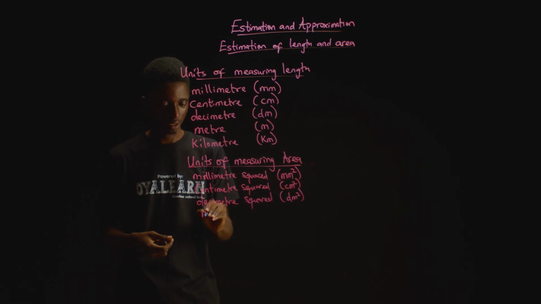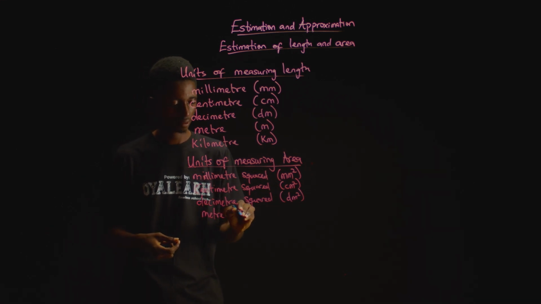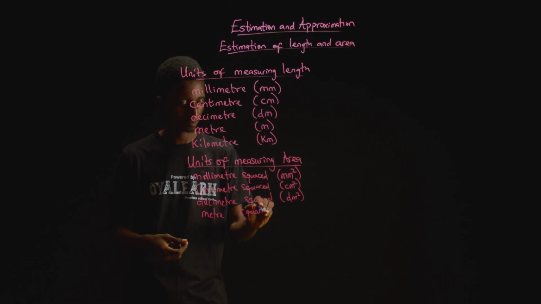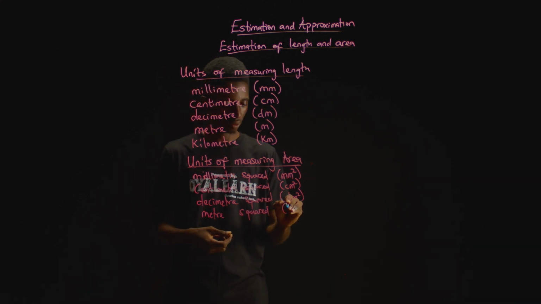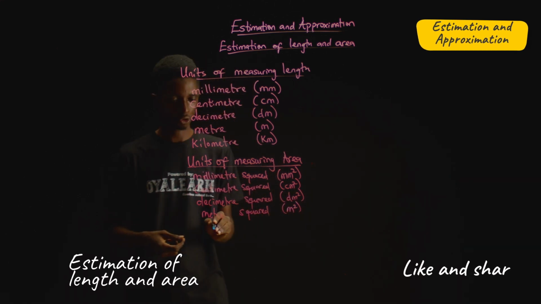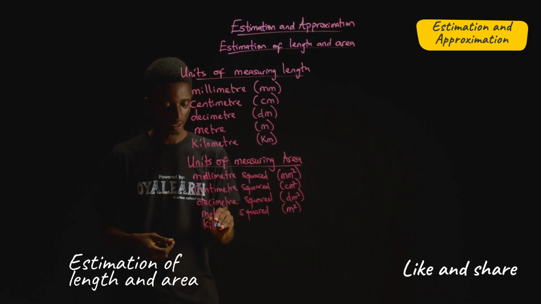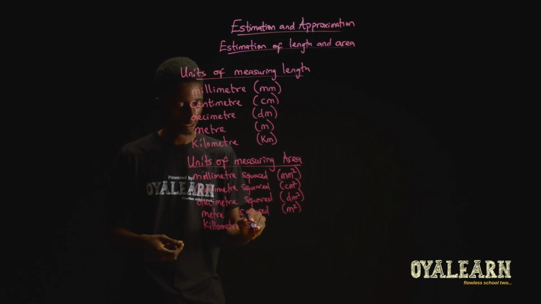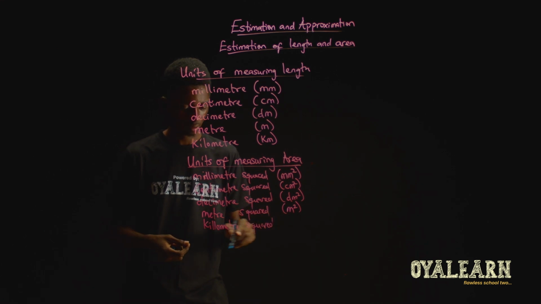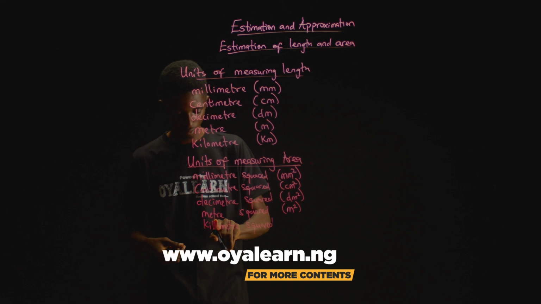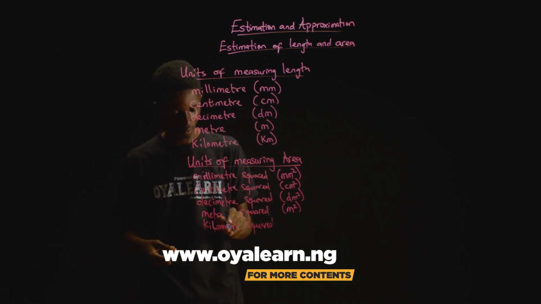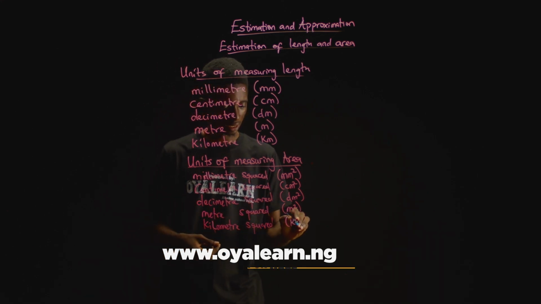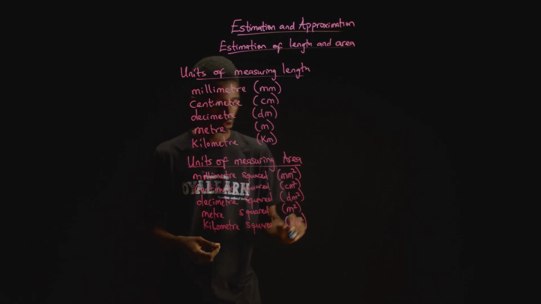We have the meter squared, m power of 2, and then kilometer squared, that's km squared.